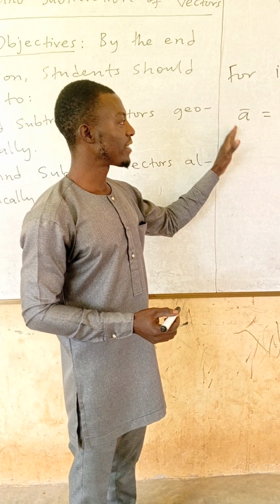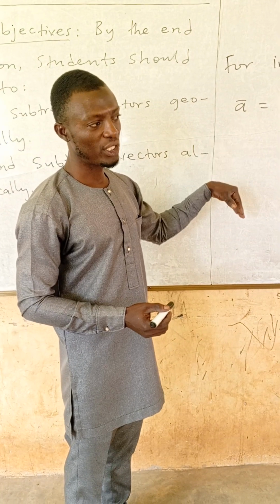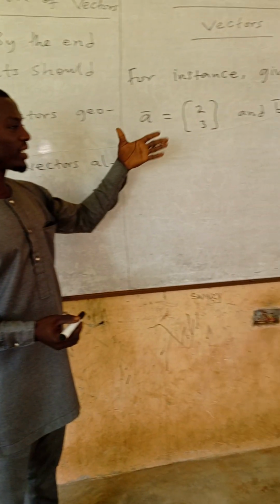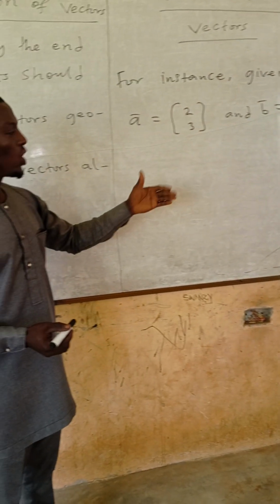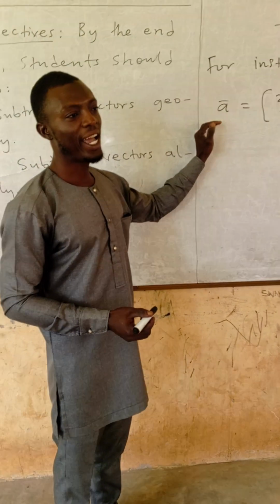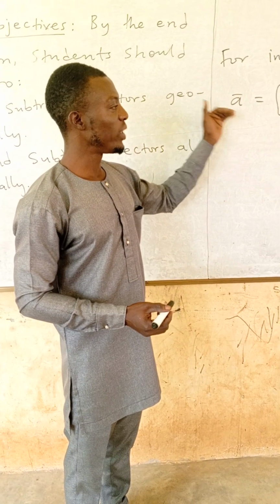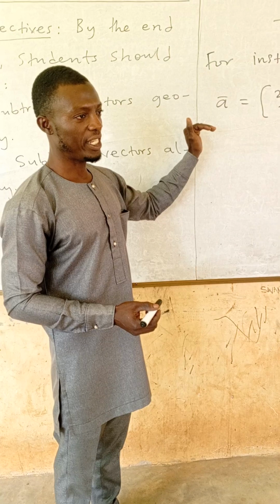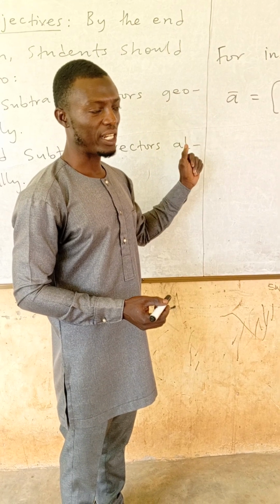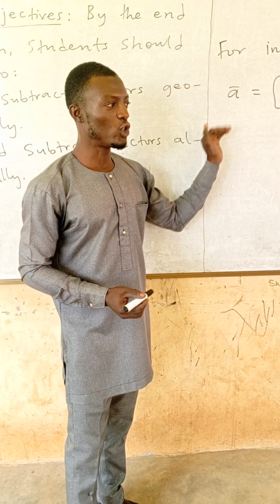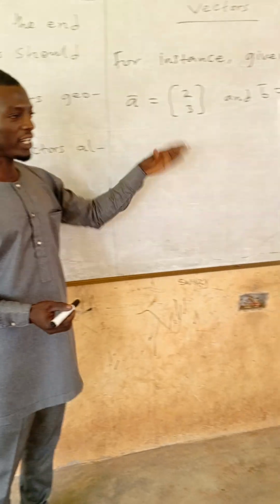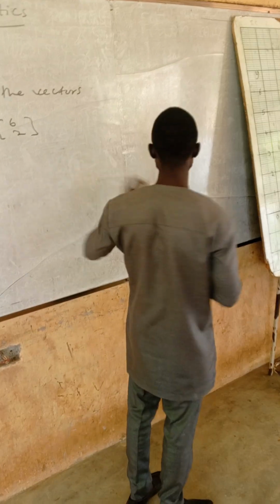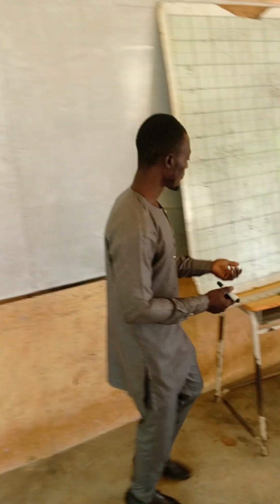That is, add vector A to vector B, or subtract vector B from A, or vector A from B. So let's begin with the addition. How do we add two vectors? First, geometrically. To add two vectors geometrically, you first have to represent the first vector on the graph. So let's represent the first vector, vector A.